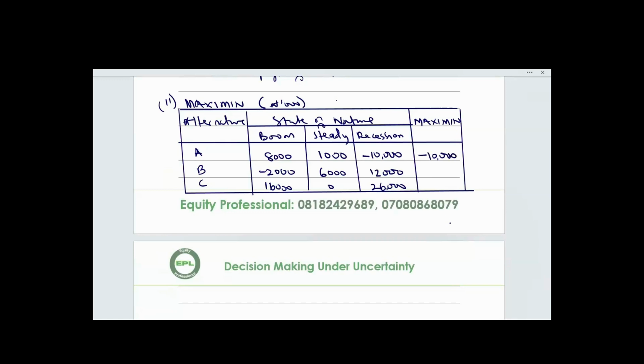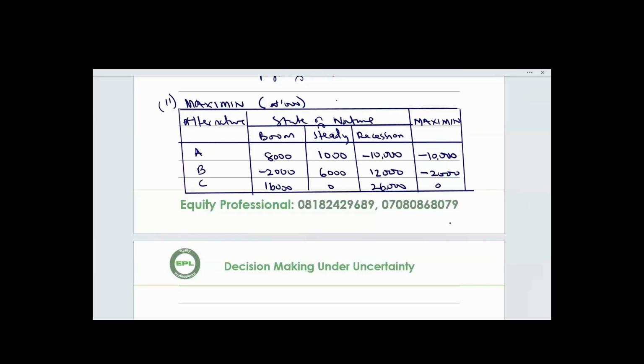Alternative B, minimum value is minus 2,000. That's the worst occurrence. Alternative C, minimum value is 0. 0 is also a figure. But when you want to make the final decision, you don't consider the 0, just ignore it. Therefore, we have minus 10,000 and minus 2,000 available.